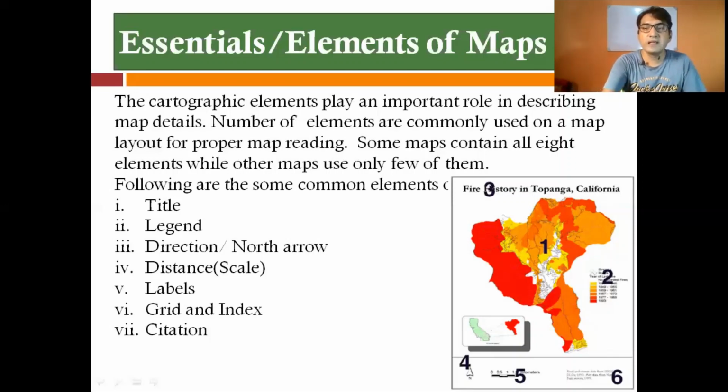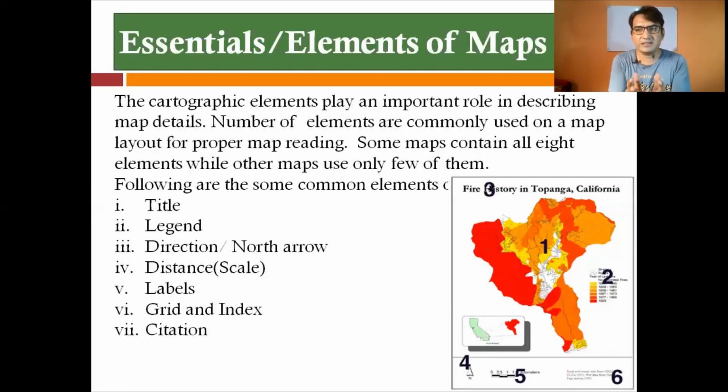Some maps contain all eight elements while other maps use only a few of them. There can be lots of elements or essentials. It is not necessary that all these essentials are used in one map.